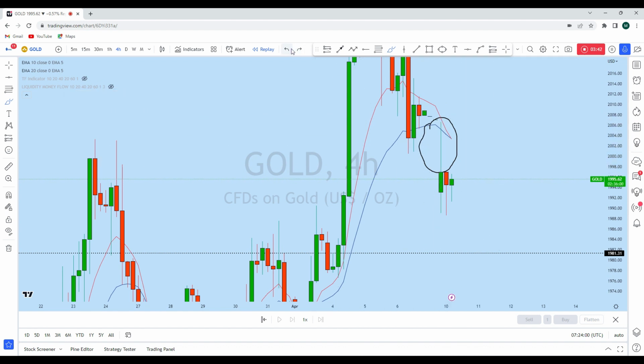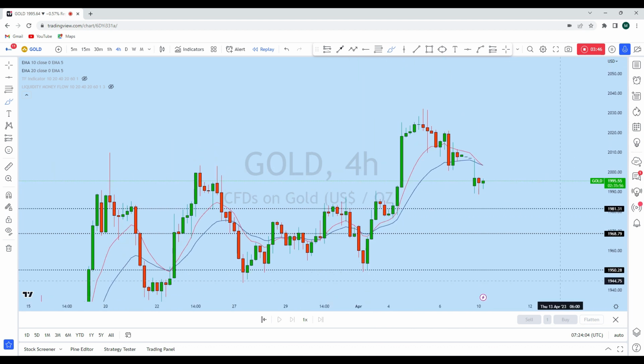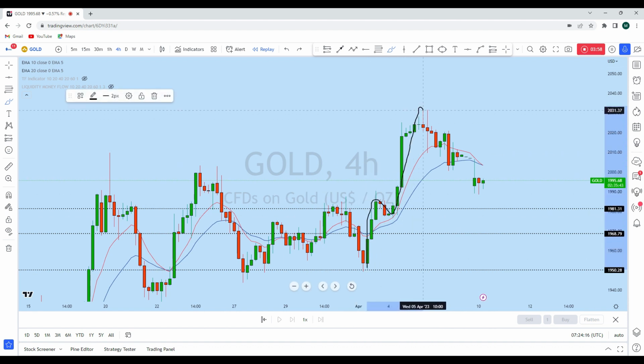Where can we find a selling opportunity again on gold? This is the 4-hour time frame, as you can see, and there was a big liquidity grab previously in that zone, and the price has formed this impulse, a narrow correction, and then another impulse. As the price is dropping along this channel, it is highly likely that the price will break this low to grab liquidity.